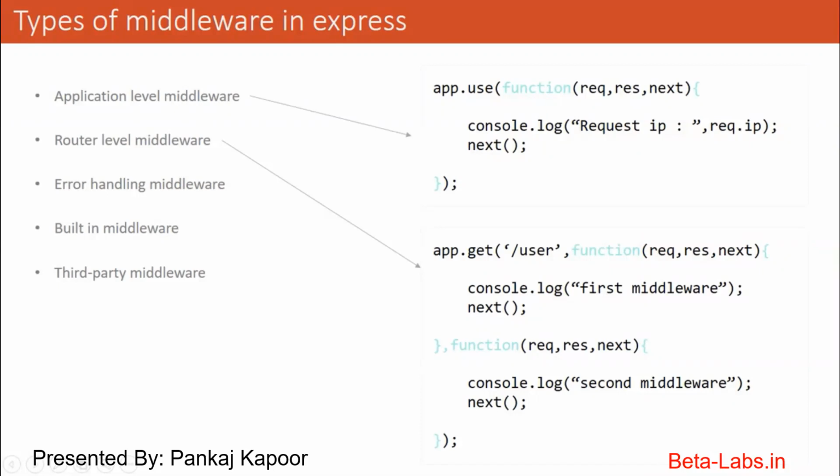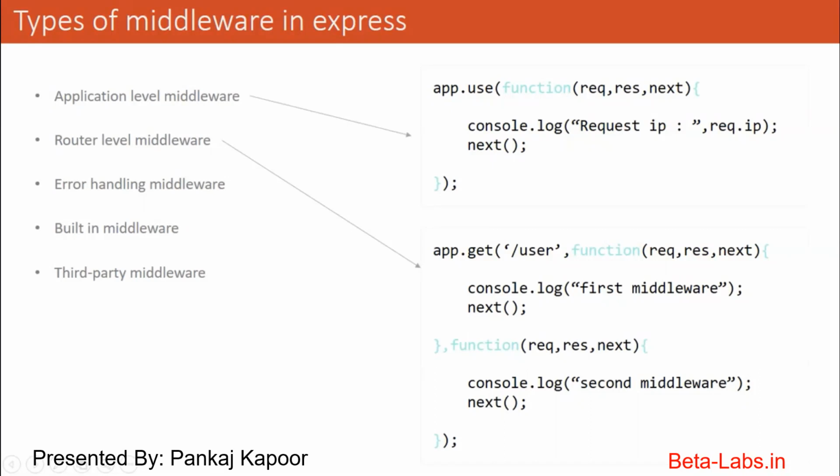Similarly, we have router level middleware that works for some specific route. We have error handling middleware that handles errors. We have built-in middlewares that are already available in Express, and we also have third-party middleware for using third-party tools, like body parser and cookie parser.